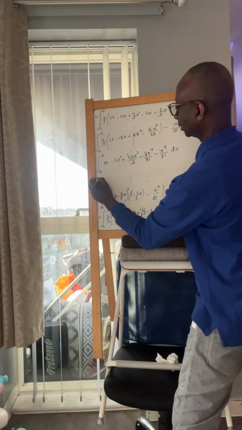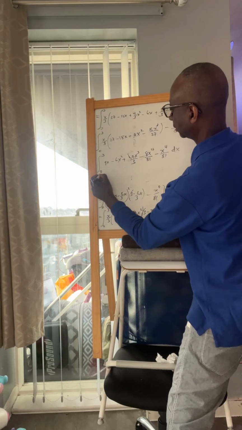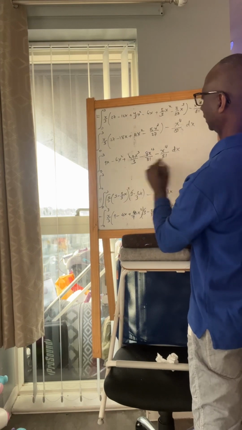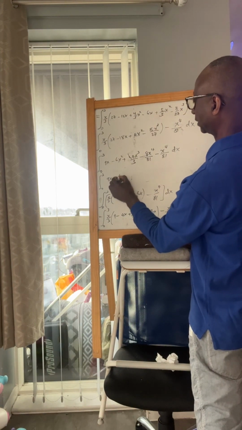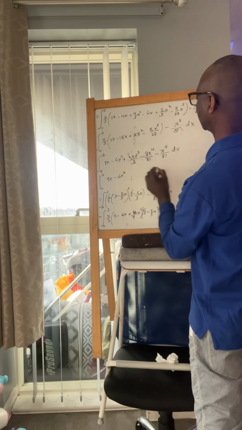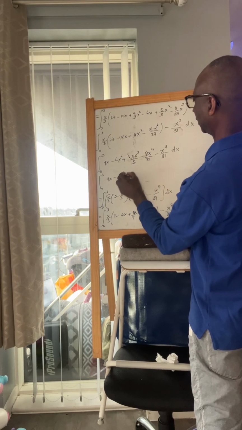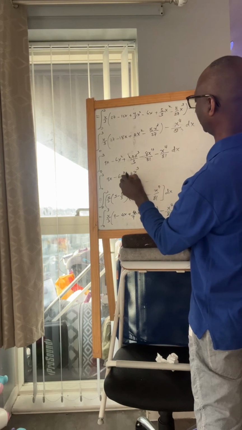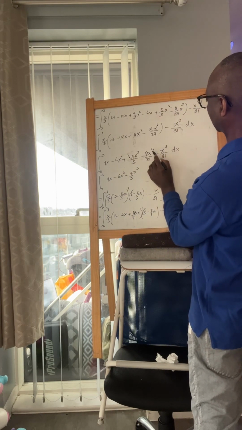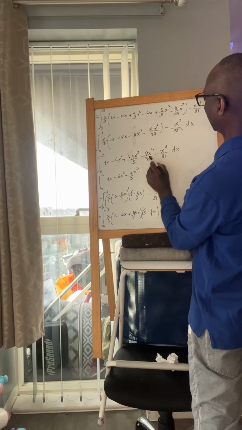Yeah? So this gives us 9x minus 6x squared plus 4x cubed all over 3. So here we can do something, this is x to the 4, and this is 81.